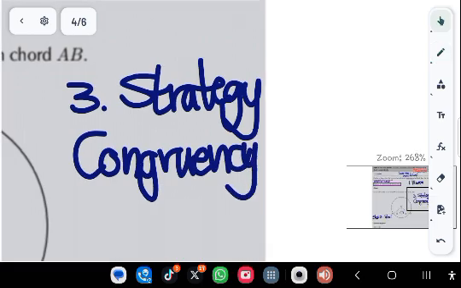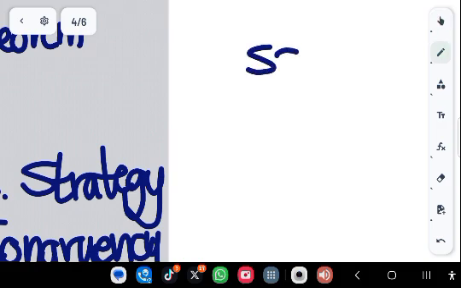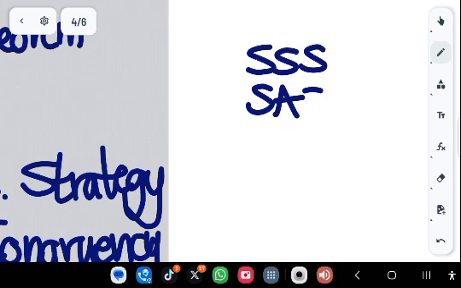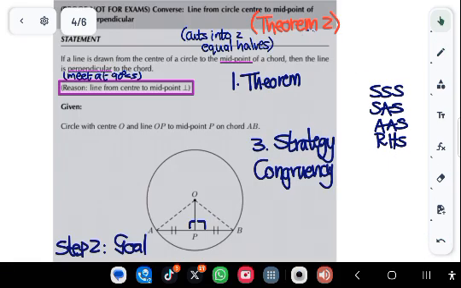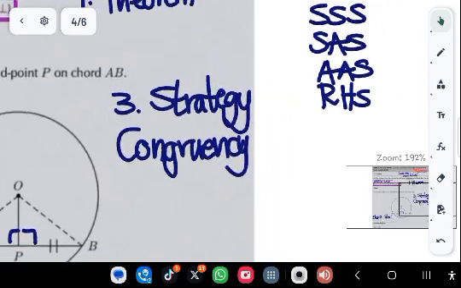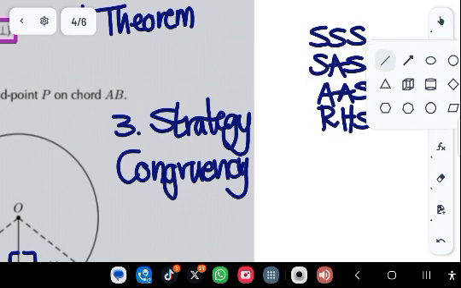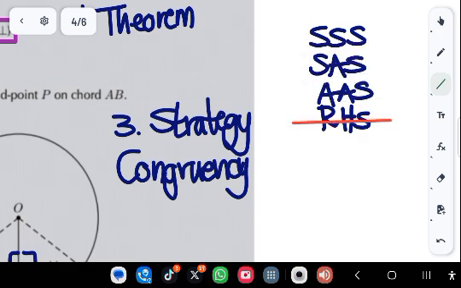Now let's choose what reason we are going to use. We've got side, side, side; side, angle, side; angle, angle, side; and right angle, hypotenuse, side. We need to choose the one that's best for us. Let's eliminate. We cannot use right angle, hypotenuse, side, because that's what we need to prove, that the angles are right angles.